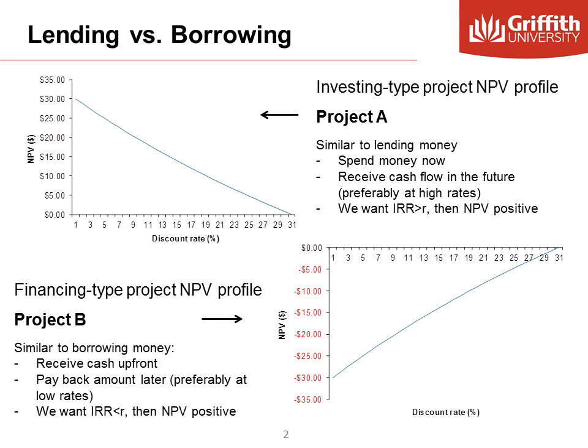This is the graphical representation of projects A and B. Project A has an NPV of 18 at a 10% discount rate, with an internal rate of return of 30%. This is an investment type project where we spend money now, we lend out, to receive larger repayments in the future due to higher interest rates.